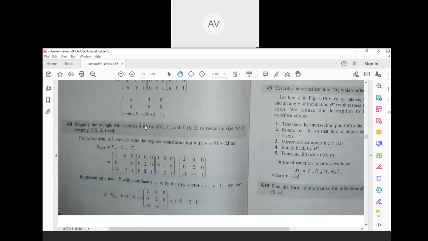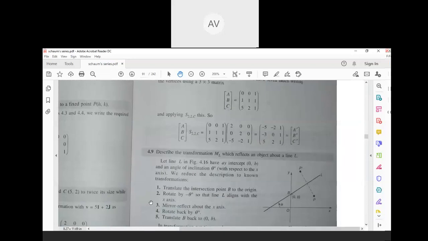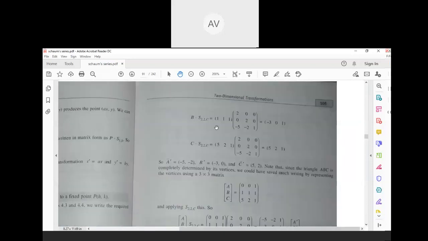Then you can write down the matrix of the triangle: 0 0 1, 1 1 1, 5 2 1, and you can directly multiply it like in the previous numerical, or you can do it individually for each coordinate. Here 0 0 1 multiplied by the composite transformation gives the new coordinates of point A. Similarly, to find the new coordinates of point B, you multiply the original coordinates of point B with the composite transformation, and you get the new coordinates.